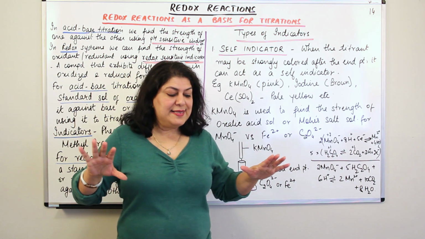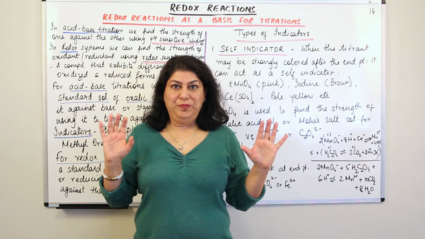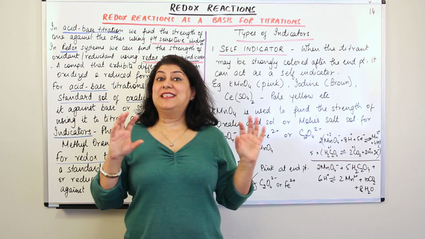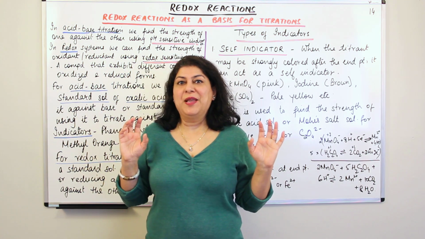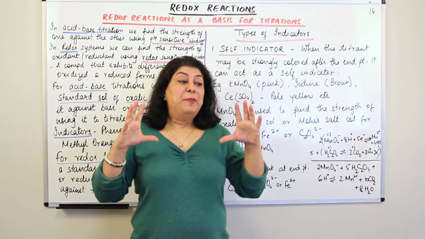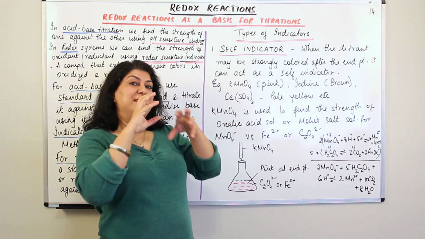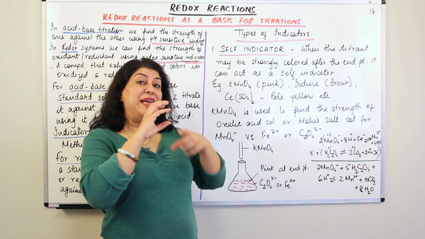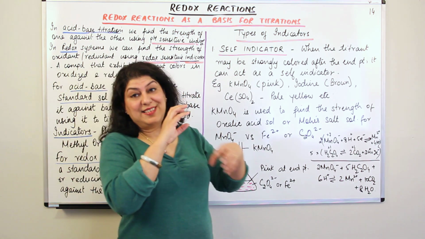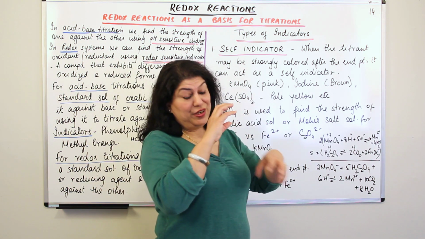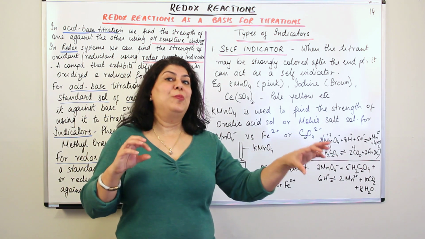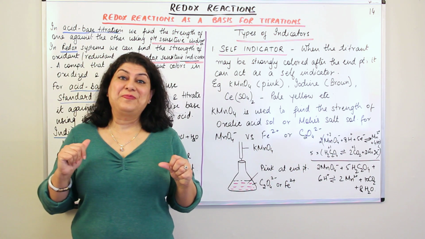So when it is in the oxidized form, that is when it has all the oxygen, it is purple or violet or dark pink in color. But when it reacts and acts as an oxidizing agent, therefore when it gets reduced, in the reduced form, it is colorless.